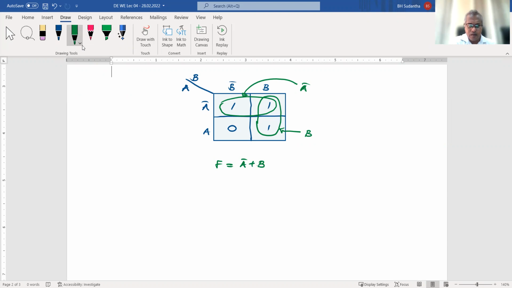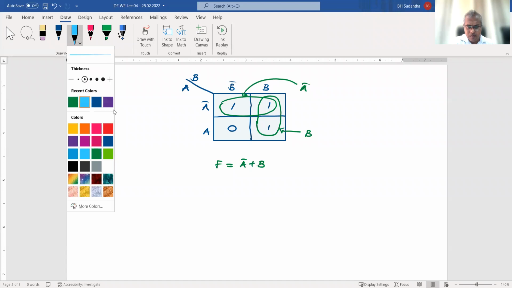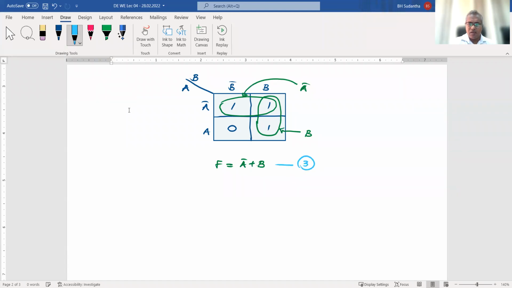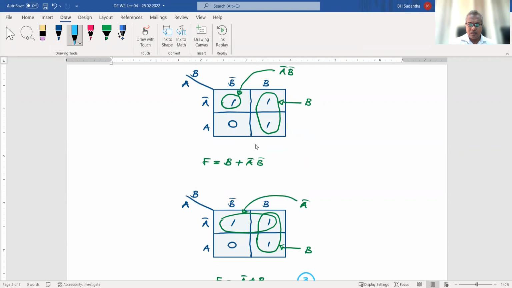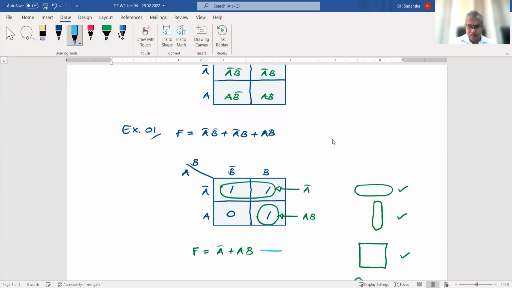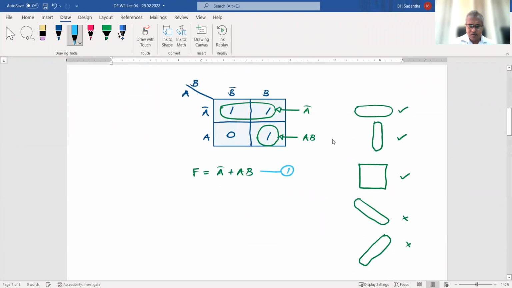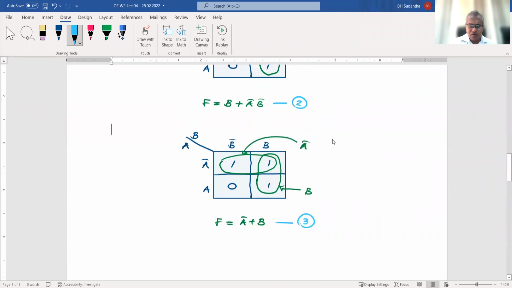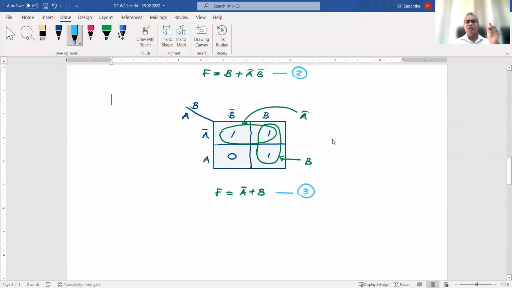Okay. Then this is our third equation. This is our second equation. This is the first version. 1, 2, 3. Which one is the best one? What do you think? Third one, second one, first one?